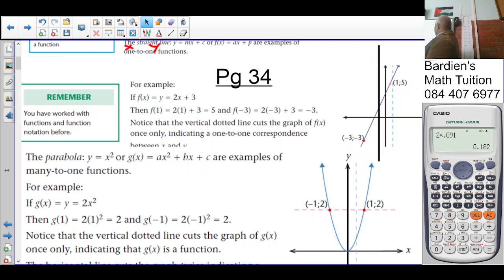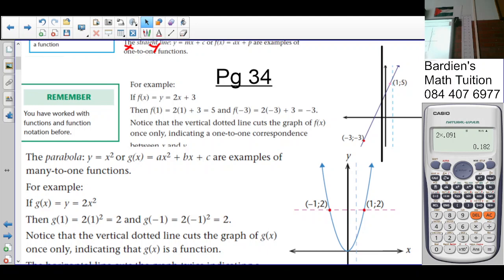Even on that, the x is, I think, negative 1.5, and the y is 0 here. Anywhere along this curve, you got 1x, 1y. So this makes it a one-to-one function. Okay.